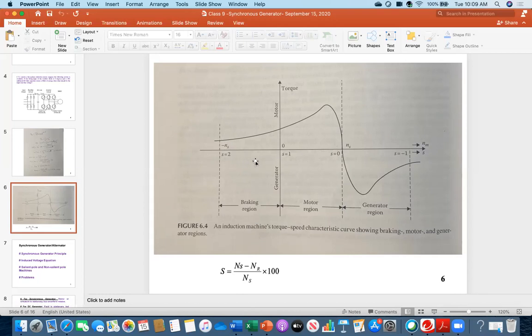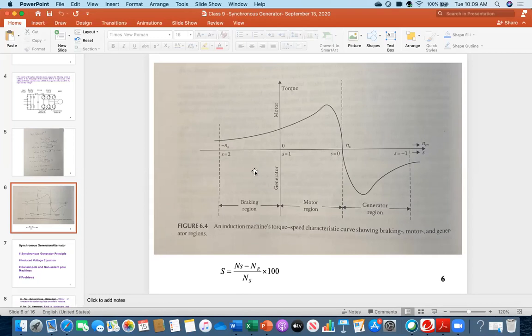Once again, if you want to stop a motor, instead of disconnecting the line, you just interchange any two lines. You connect phase A to B and then B to A or B to C. Just interchange any two leads.